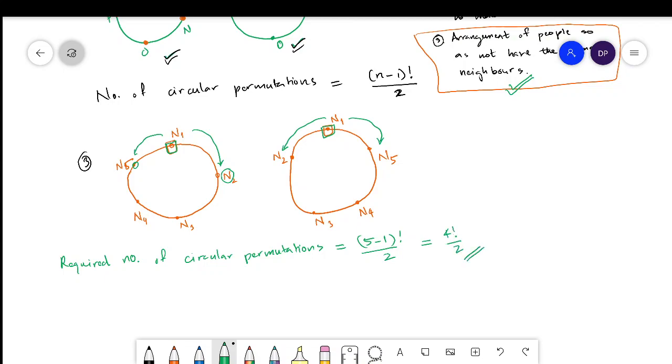Whatever value you get will be the number of arrangements when we arrange the people so as not to have the same neighbors.